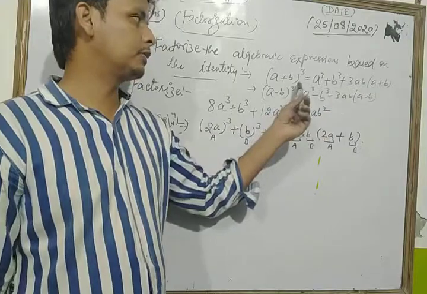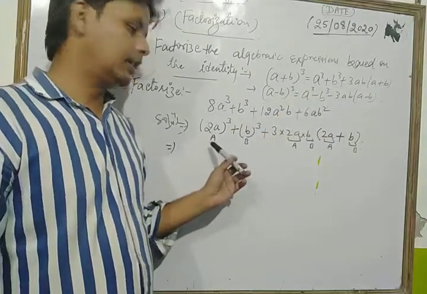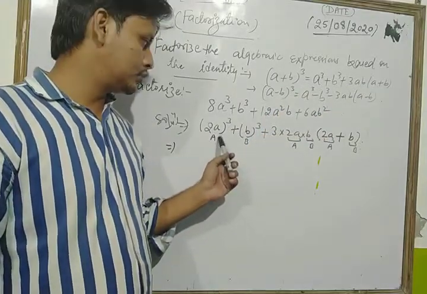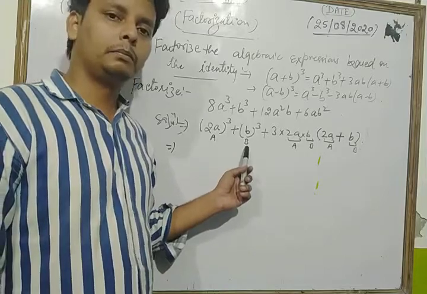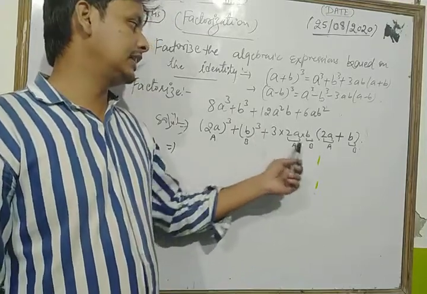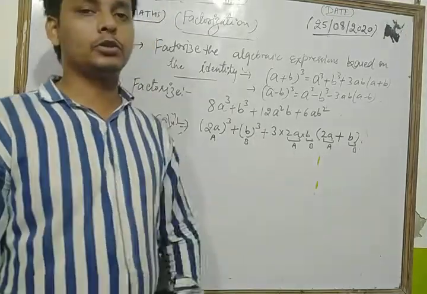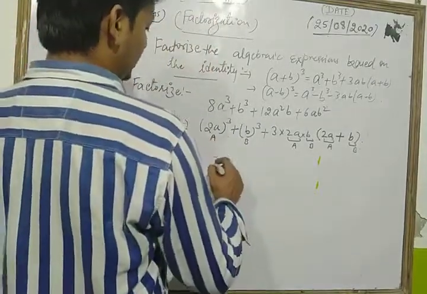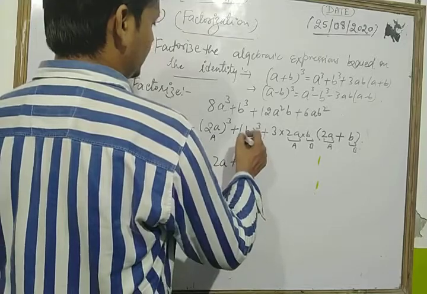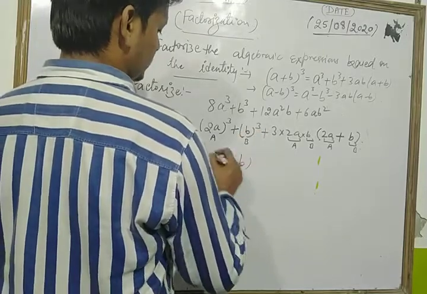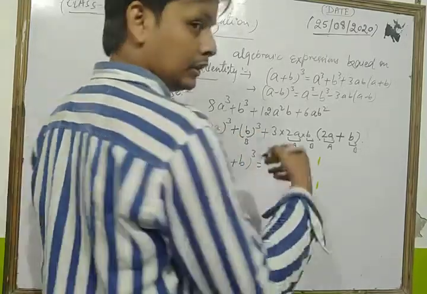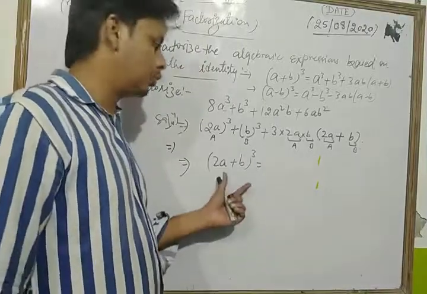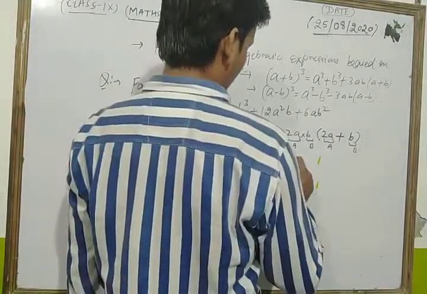We can write a plus b whole cube. So here a cube means 2a cube plus b cube plus 3ab in bracket a plus b. So we write it as a plus b whole cube. A plus b whole cube means what? 2a plus b whole cube.